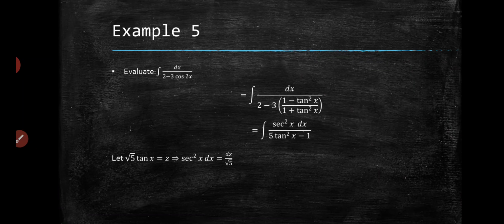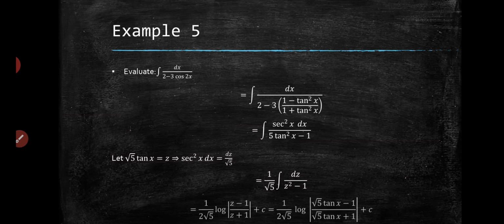Putting all this in, I have 1 by root 5 into integration dz by z square minus 1. Now again this is in the form dx by x square minus a square, so this will be 1 by 2a, that is 1 by 2 log of mod of z minus 1 by z plus 1 plus c. But again z is our root 5 tan x, so root 5 tan x minus 1 by root 5 tan x plus 1 plus c.